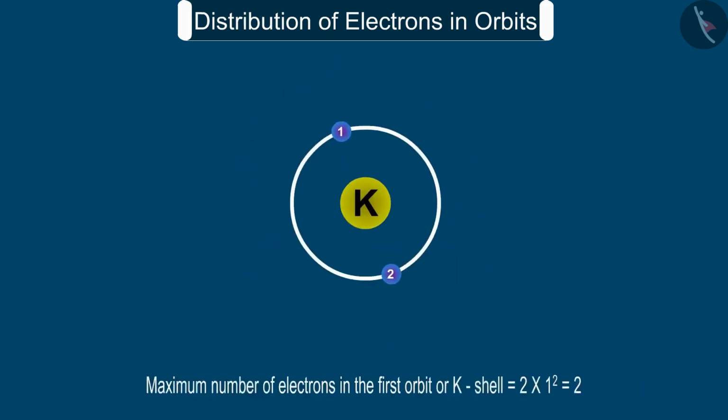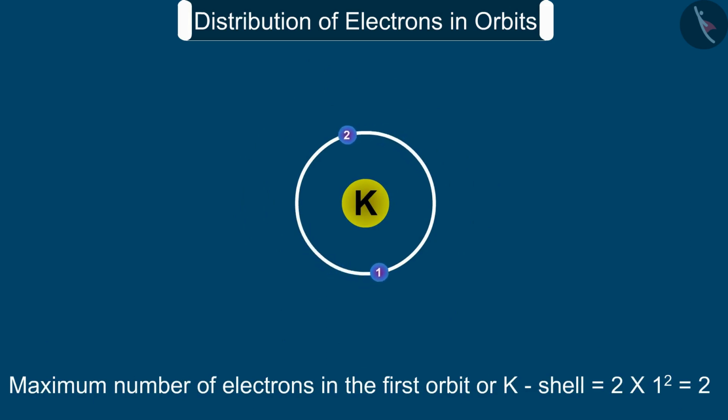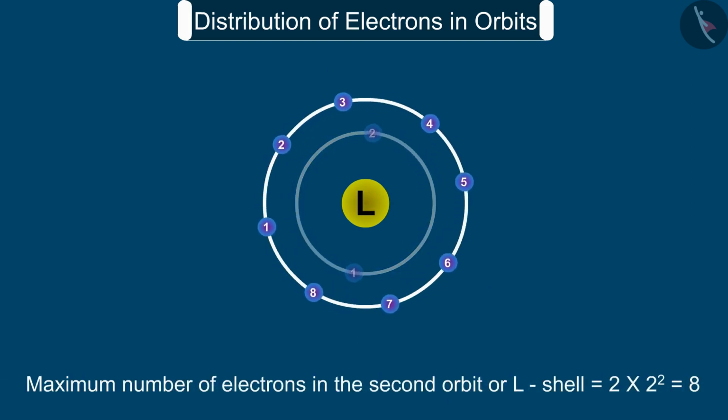Therefore, the maximum number of electrons in the first orbit or K shell is equal to 2 into 1 square, that is 2. In the second orbit or L shell, it is 2 into 2 square, that is 8.